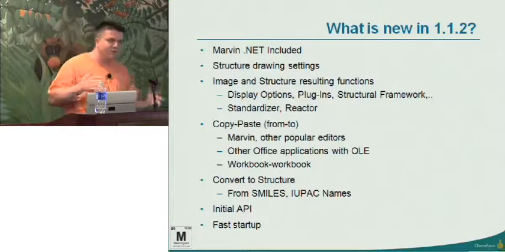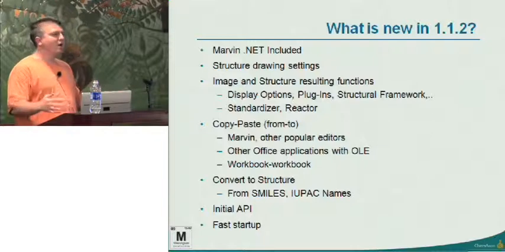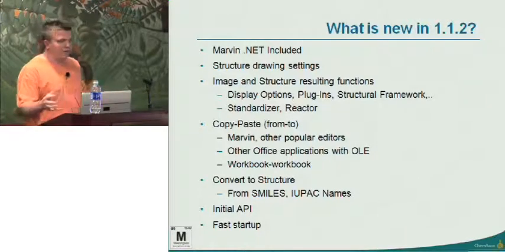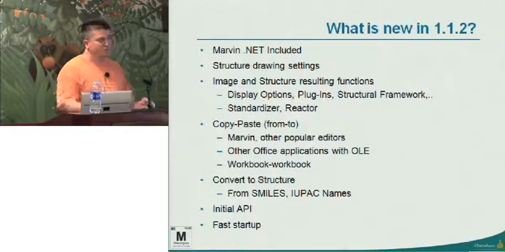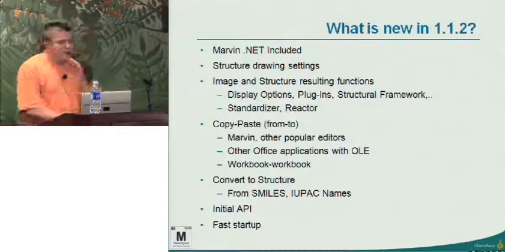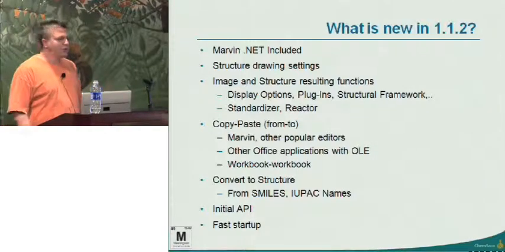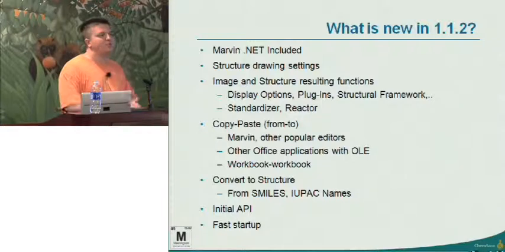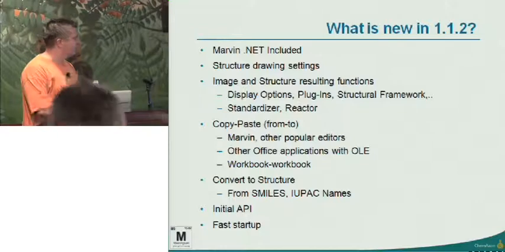So we had to find several workarounds for what to use in JChem for Excel. In the past, we used Marvin Applet inside Internet Explorer, and we also used Marvin Beans through OLE-based editing. But now, because of some technical problems, we decided to go for it, and we included the initial version of Marvin.NET in JChem for Excel.